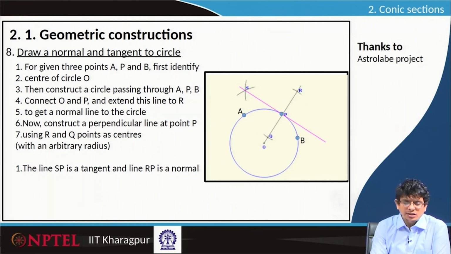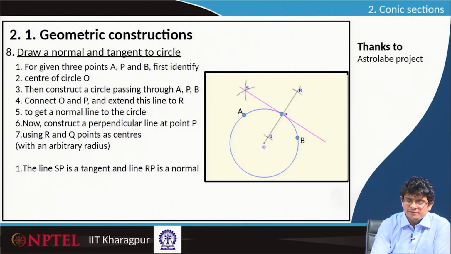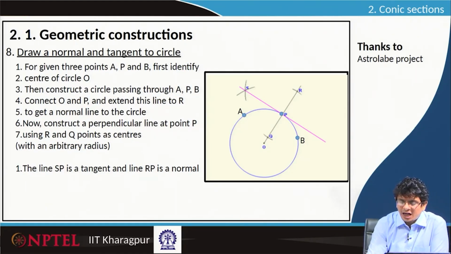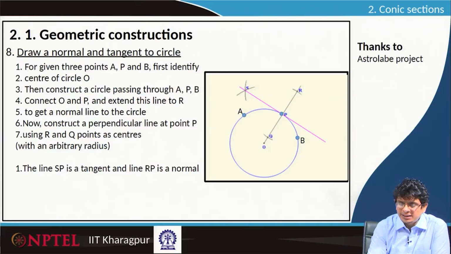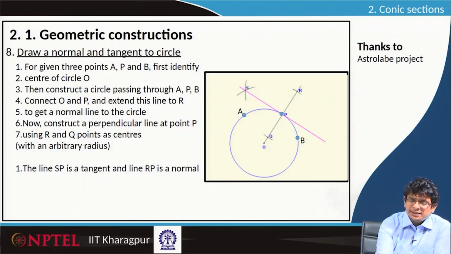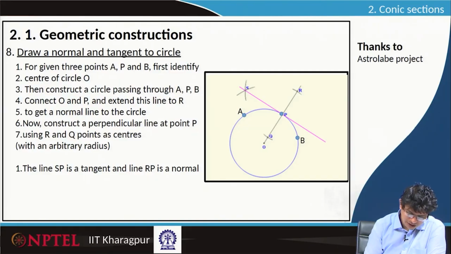And to construct a tangent to the circle passing through P, what we do is identify the P point, around that an equal distance R and Q points first we will identify. Using Q and R as centers, construct one more perpendicular bisector passing through P, so that we will be in a position to identify the S point.